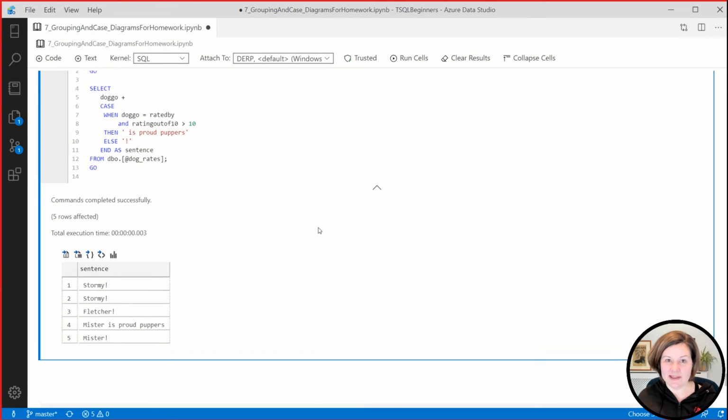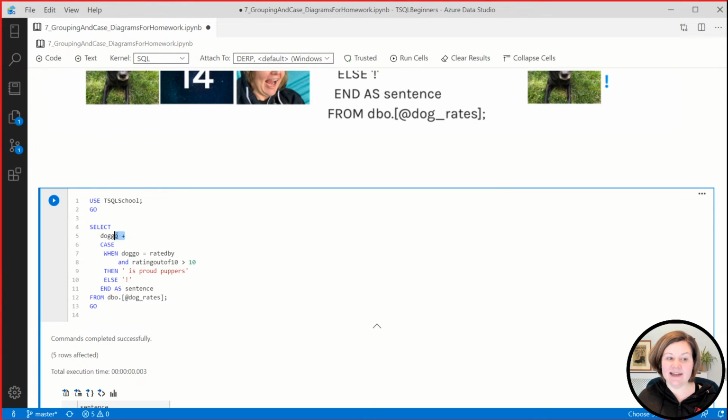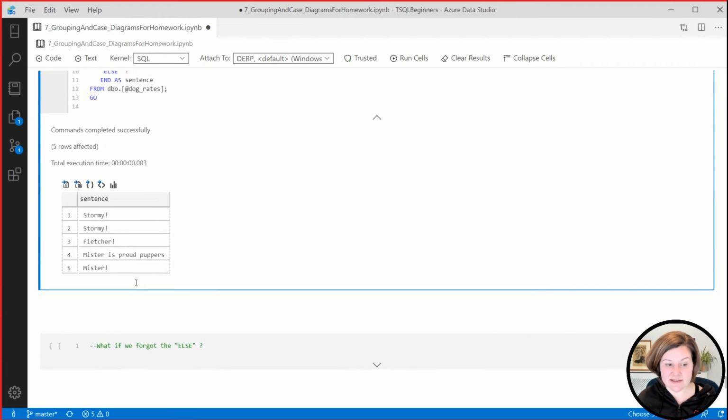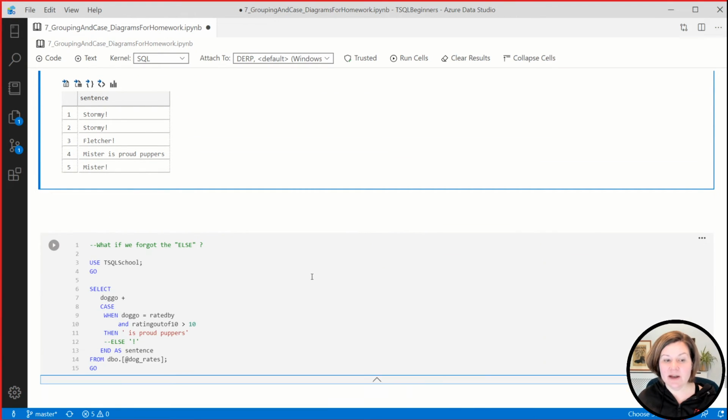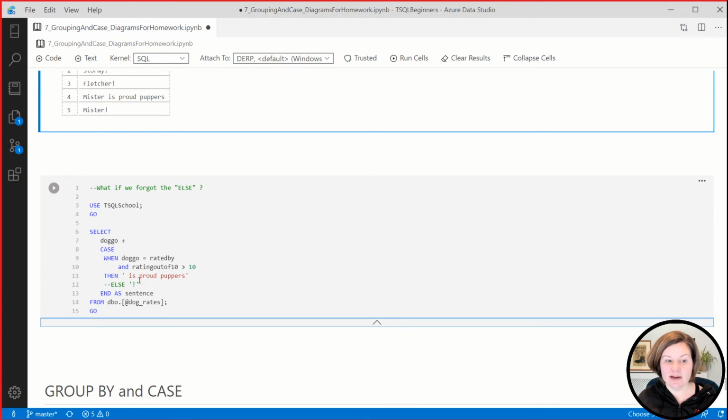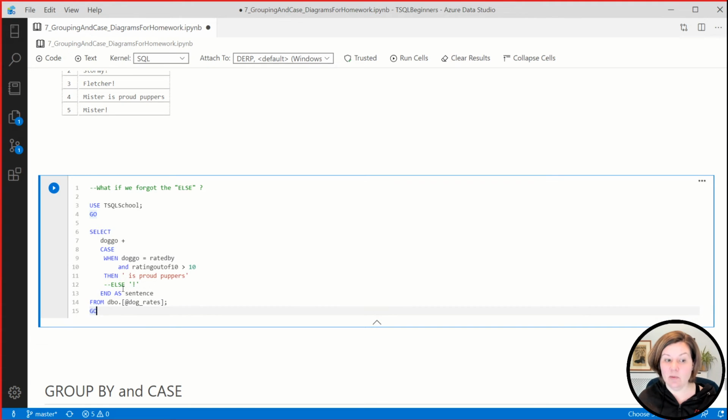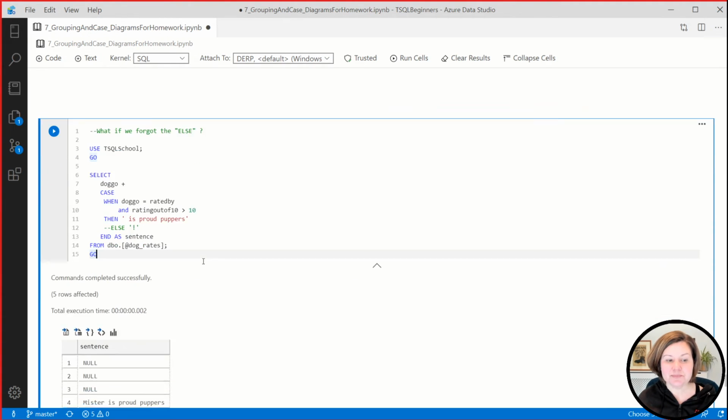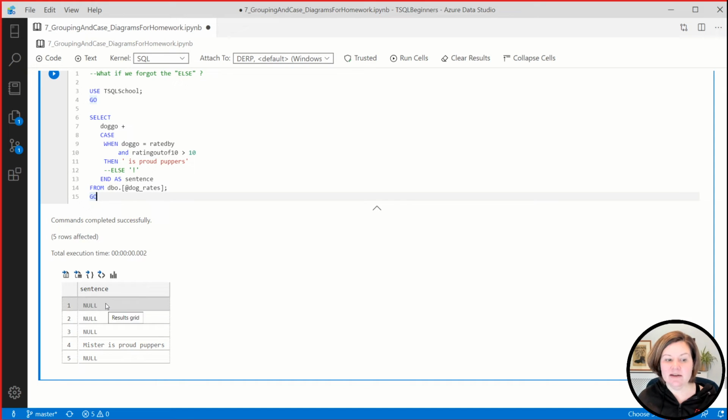One really important thing, whenever you are concatenating different columns, or whenever you're concatenating anything, whenever you're adding things together, one very important thing: what if I forgot the else here, right? What if this is commented out? What if we didn't have else there? We don't get the dog name here, right? So what I was saying is combine the dog name with this other thing.